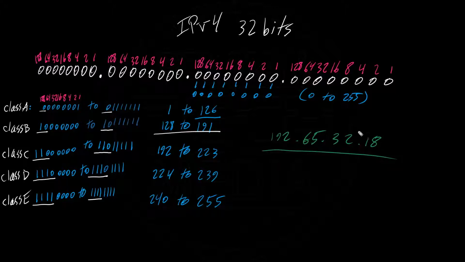The first 3 octets are for the network, and the last octet is for the host, which we will talk about more. So that's the purpose of subnet mask. It gives us information about what section belongs to the network and what section belongs to the host.